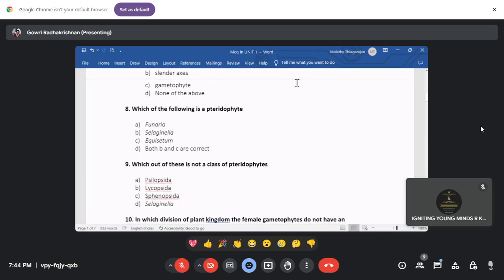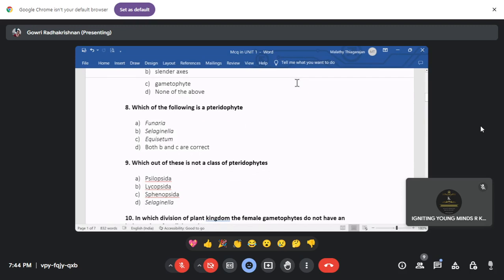All right, the next one. Are you all able to see the question paper? Yes, ma'am. Okay. Which of the following is a pteridophyte? Both B and C, ma'am. Yes, both B and C. Selaginella and Equisetum.